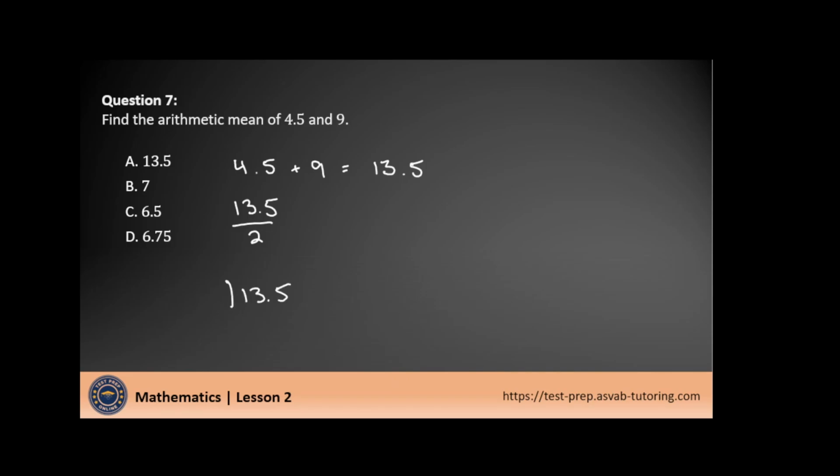13.5 goes in the box, 2 goes outside the box, 2 goes into 1 0 times, 2 goes into 13 6 times, 2 times 6 is 12, subtract, we have 1, bring down the 5, 2 goes into 15 7 times, which is 14. 15 minus 14 is 1, add a 0 here and drop it down. 2 goes into 10 5 times, which is 10, and there's no remainder there. 10 minus 10 is 0.